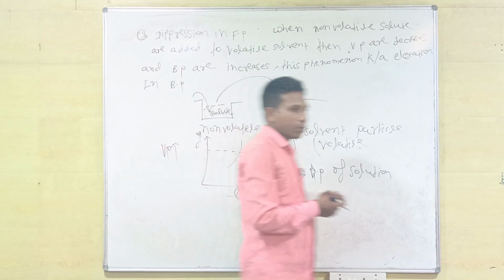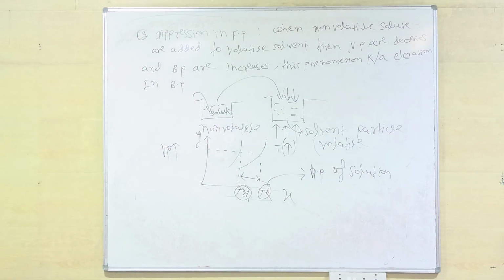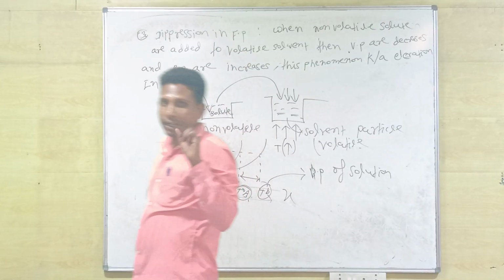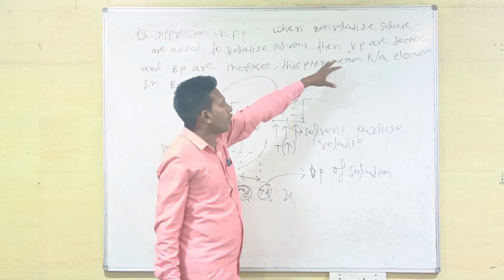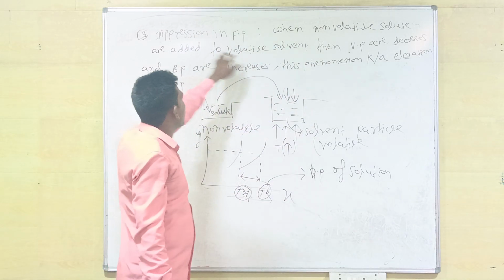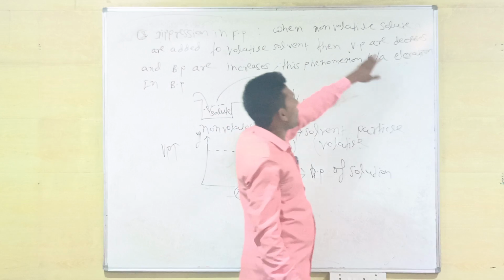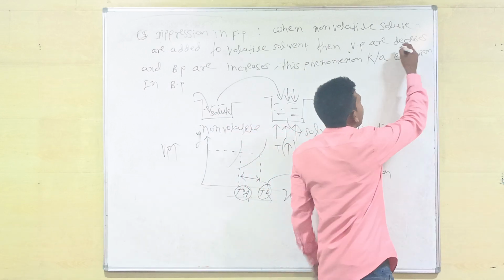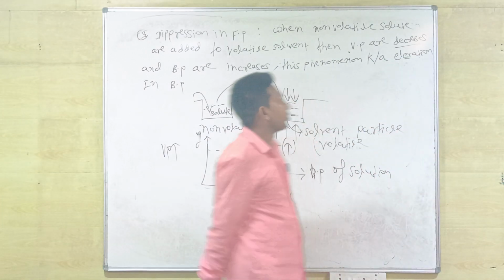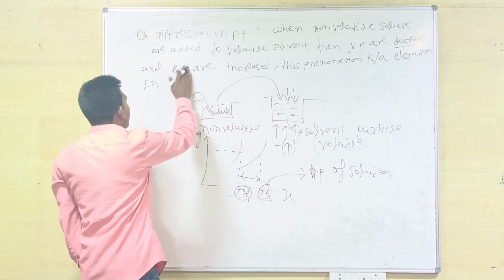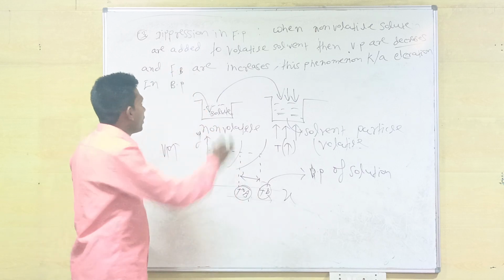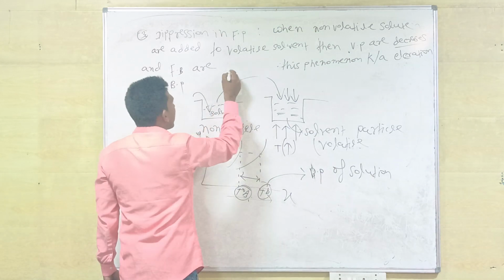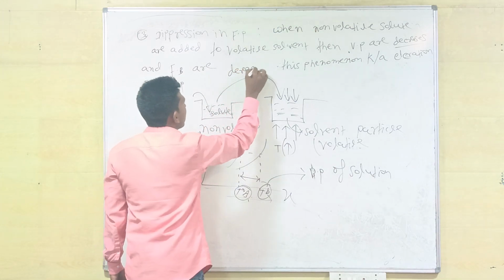These properties are also similar to elevation in boiling point. So listen here properly and try to understand it. Here a non-volatile solute is added to a volatile solvent, then the vapor pressure decreases. This you already know. And then the freezing point decreases.